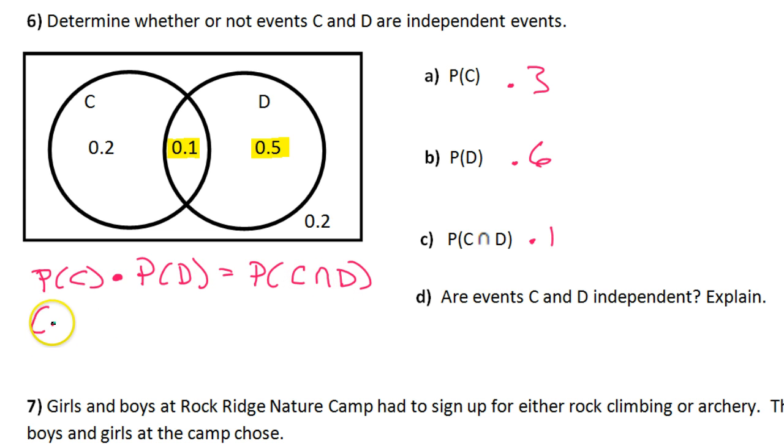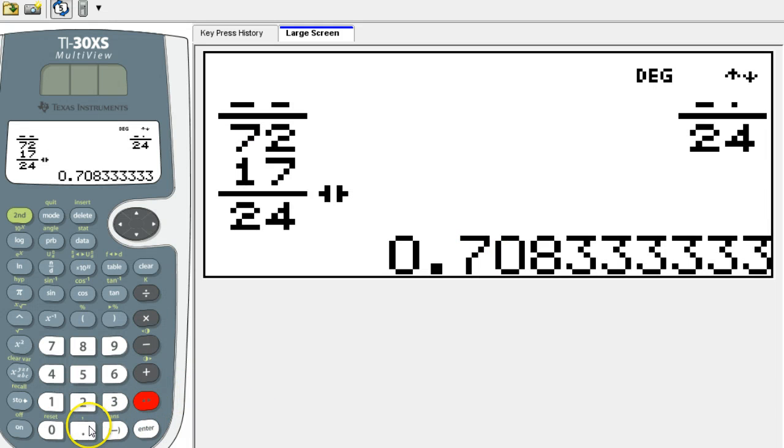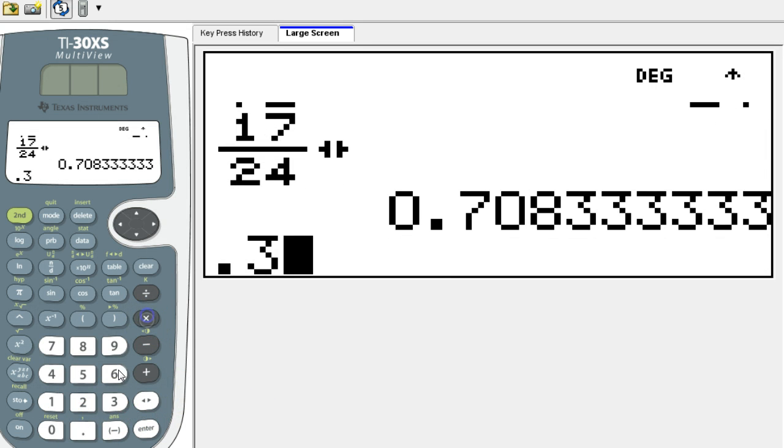We will do 0.3 times the probability of D, 0.6, and we'll see, does that equal 0.1? If it does, they're independent. If it doesn't, then they're not. So let's go. 0.3 times 0.6.